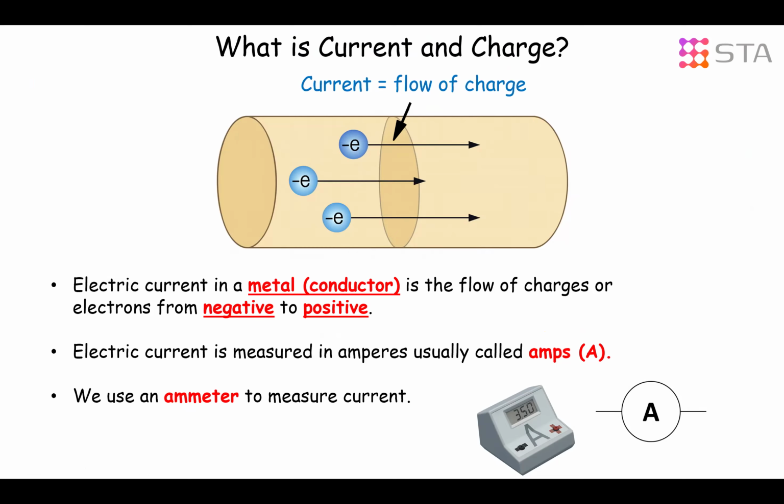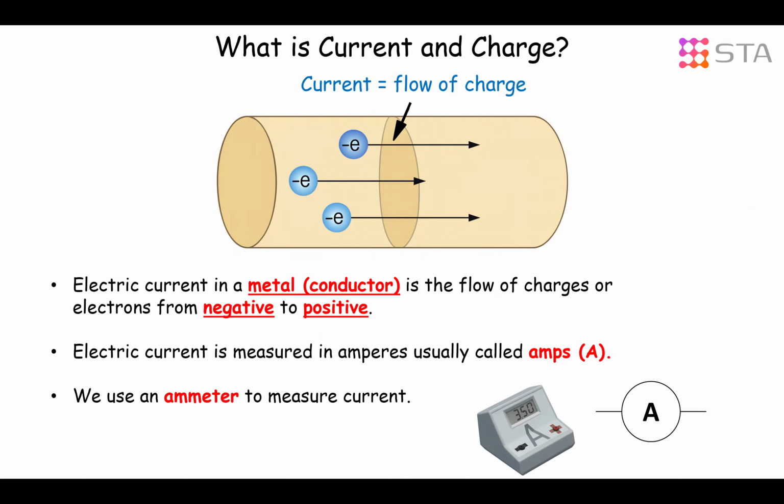So you could have three pupils past that point in a second, or you could have 20 pupils past that point in a second. And this is very similar to what's happening with current and charge. The amount of charge that goes past a certain point in a second is called the electric current.